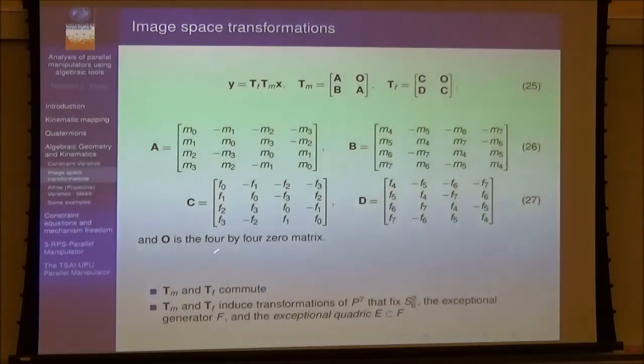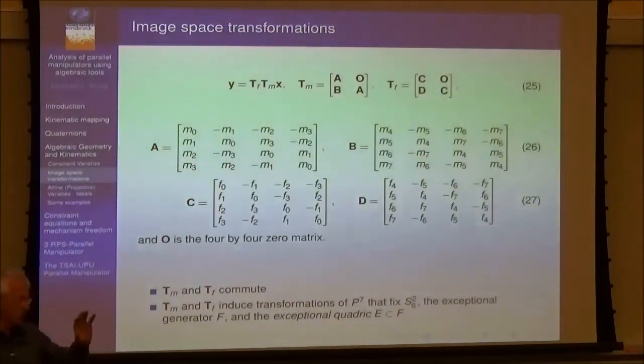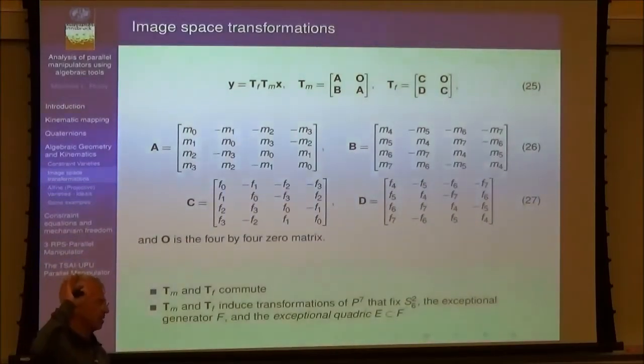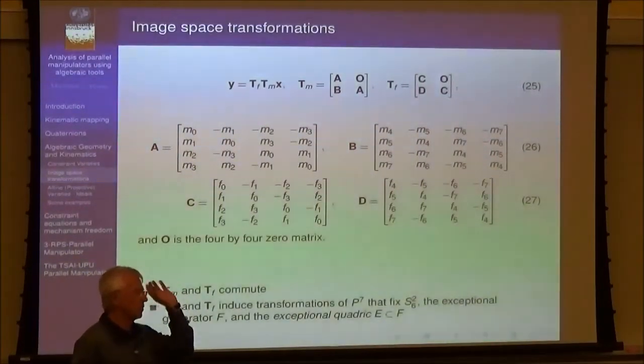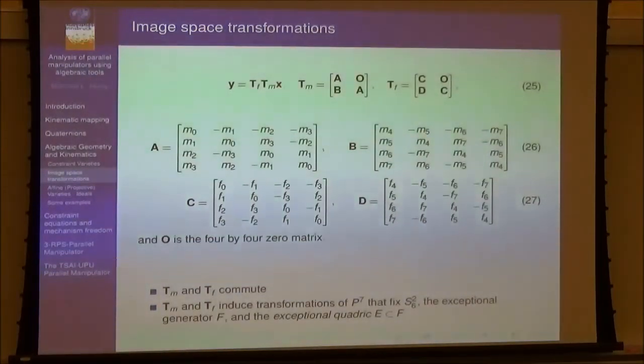These are the quaternion entries, these are the corresponding matrix. Interesting thing is Tm and Tf commute, which means there's no speciality if you change at first in the base and then in the moving system, or at first in the moving system and then in the base system. And these transformations keep the Study quadric and all the exceptional generators, so nothing happens.